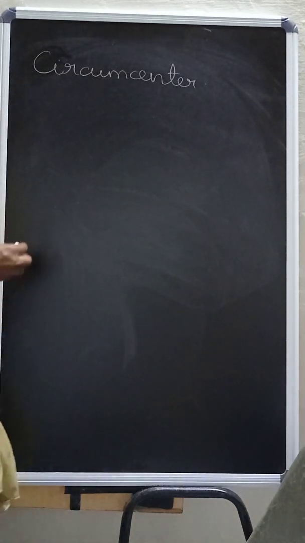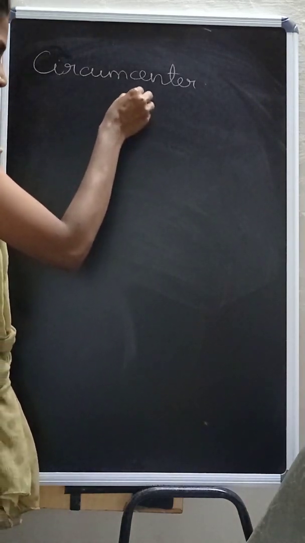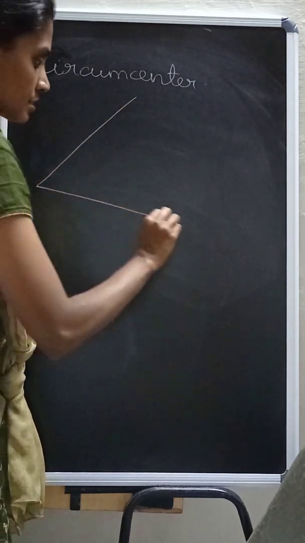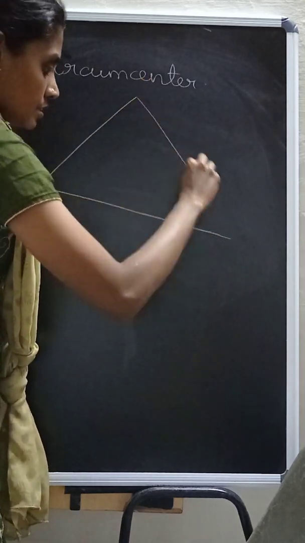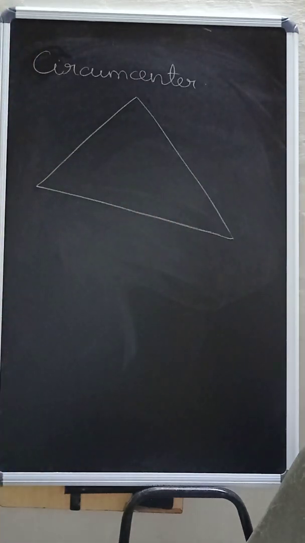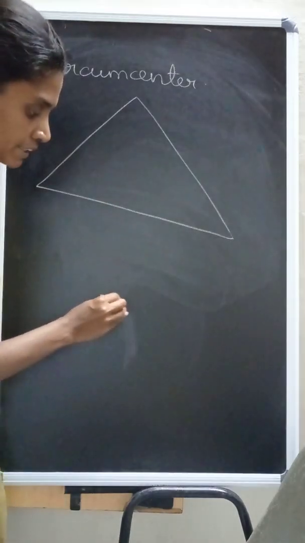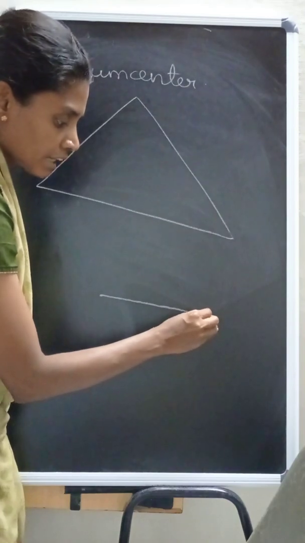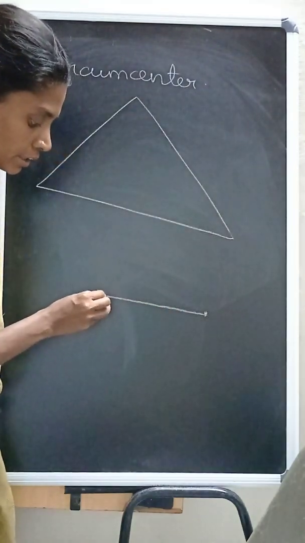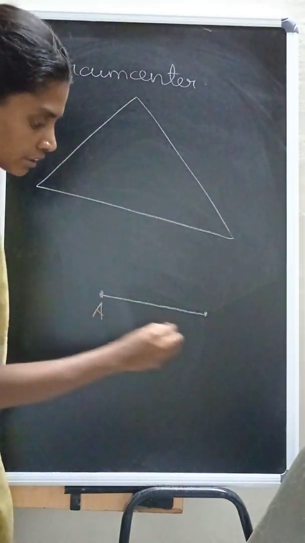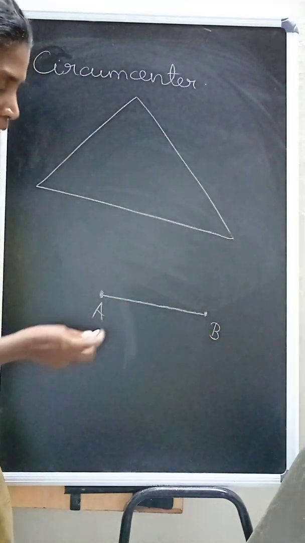Next is circumcenter. Now what is circumcenter? You have a triangle. You know what is perpendicular bisector? Now what is bisector? Splitting into two equal halves is bisector. Now what is perpendicular bisector? Now say this is line AB.